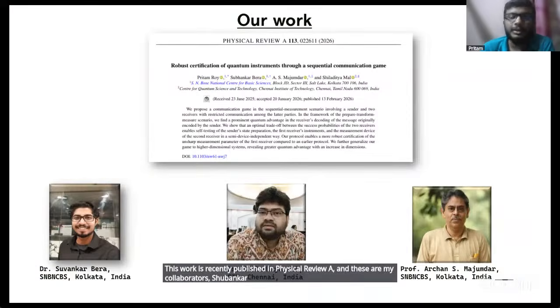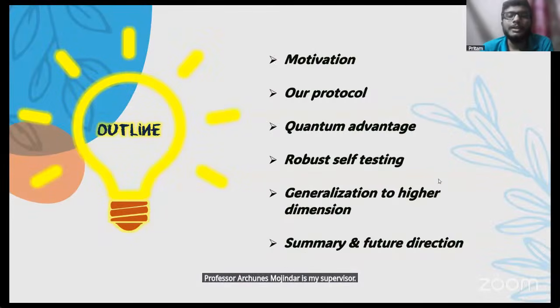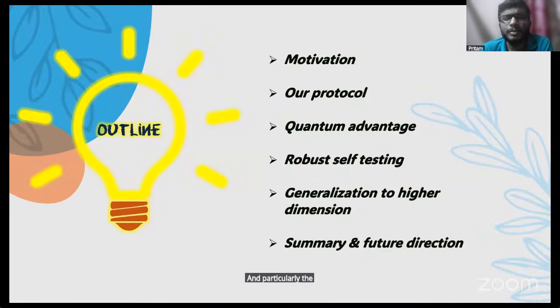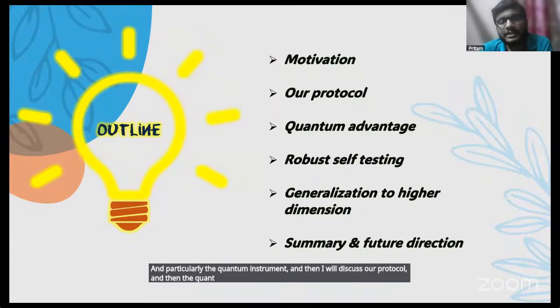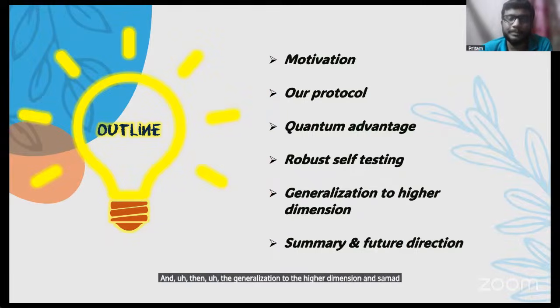Shubhankar Bera and Shiladit Tumal is my senior, and Professor Archana Majumdar is my supervisor. This is a brief outline of today's talk. First, I will motivate why we need certification of quantum devices, particularly the quantum instrument, then I will discuss our protocol, then the quantum advantage and robust self-testing, then the generalization to higher dimension, and summary and future direction.